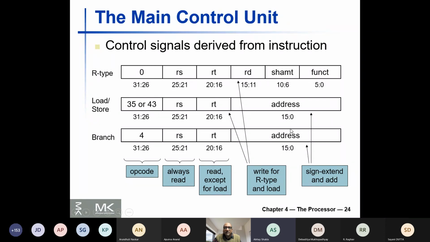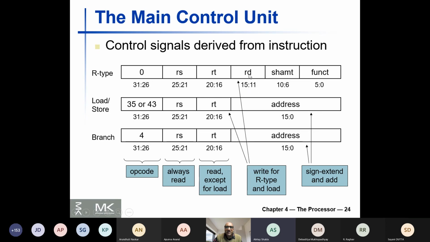And then afterwards, as I mentioned, in case of write back, or writing the contents into the register file, we need to see these two. Like in case of R format instructions, as I mentioned, this is your destination address, bits 11 to 15, 5 bits.